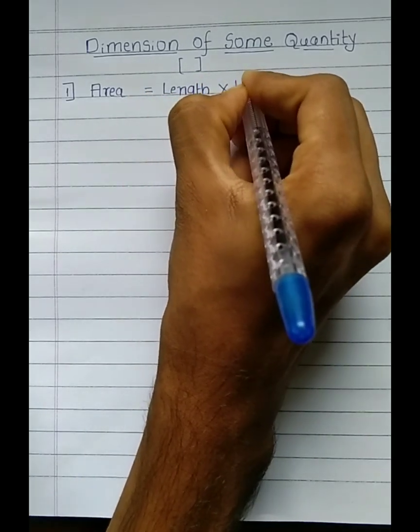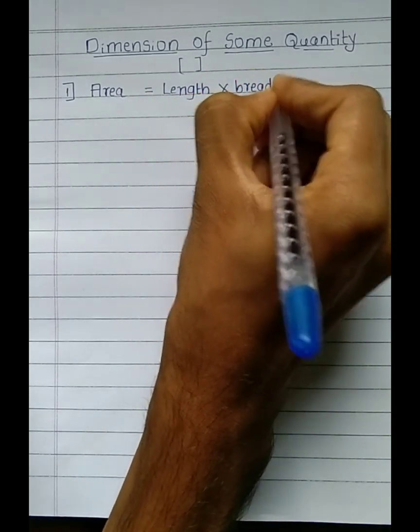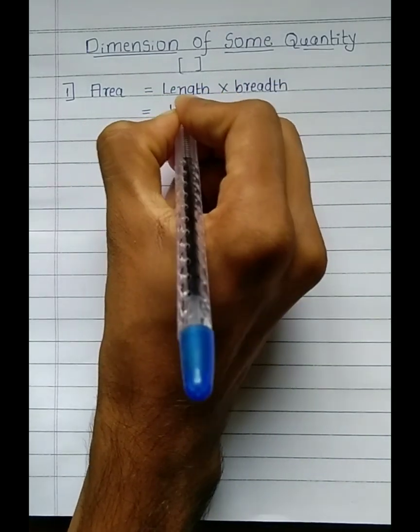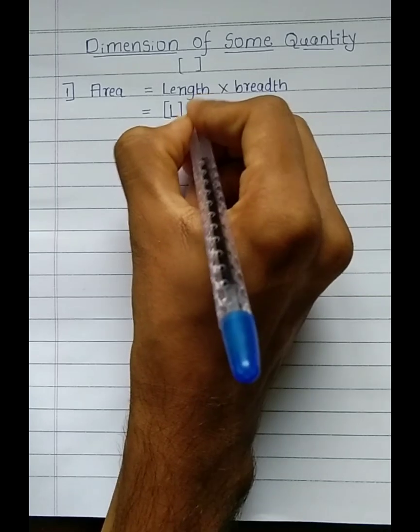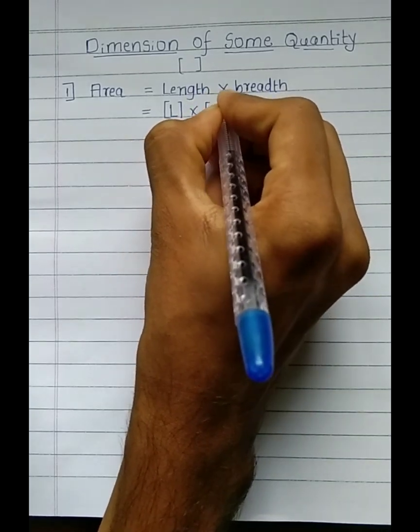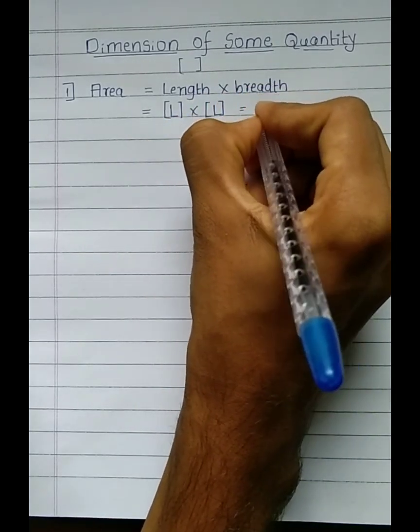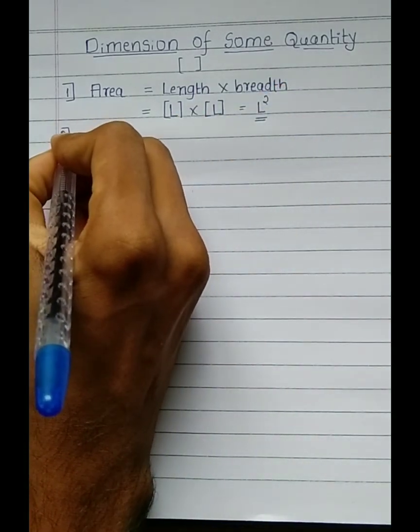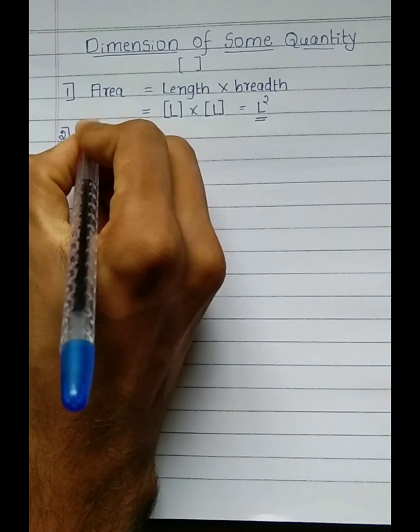First one, area. Area is equal to length into breadth. Length is represented by L as well as breadth is also represented by L. So L multiplied by L is equal to L square. Area is L square.